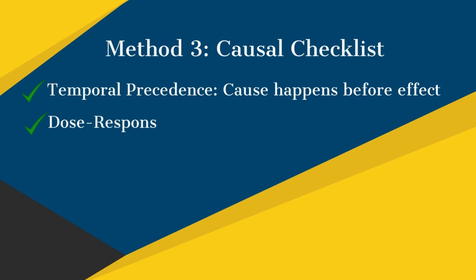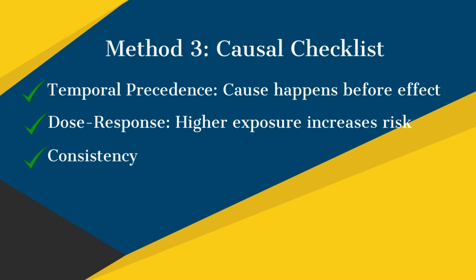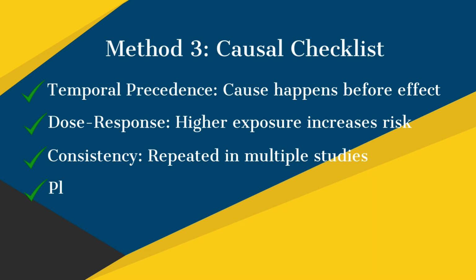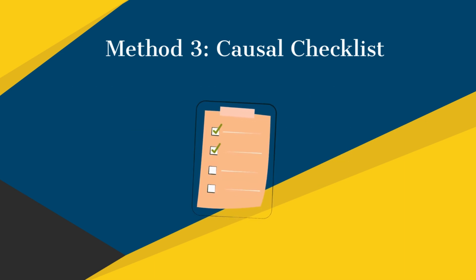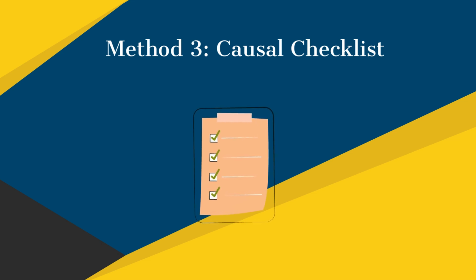Second, dose response: does more of the cause lead to more of the effect? Third, consistency: have different researchers in different places found the same link? Fourth, plausibility: is there a credible scientific mechanism that explains how the cause could produce the effect? If a correlation checks all these boxes, the evidence is compelling and we can be confident in making a causal claim.